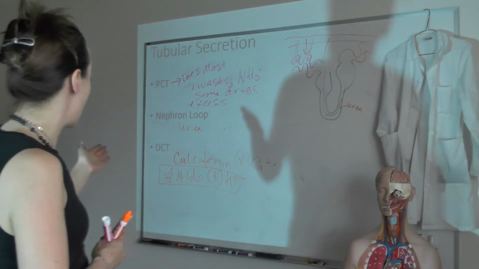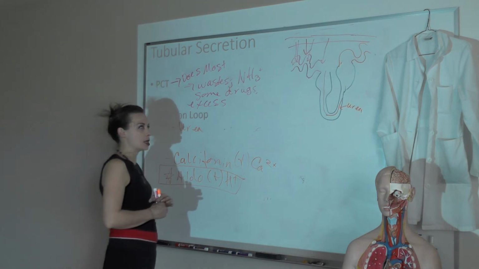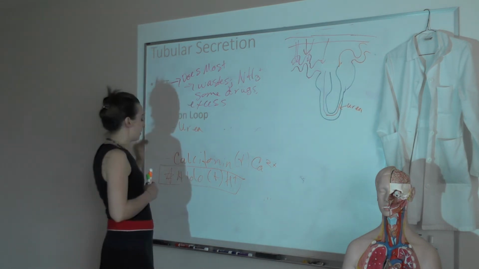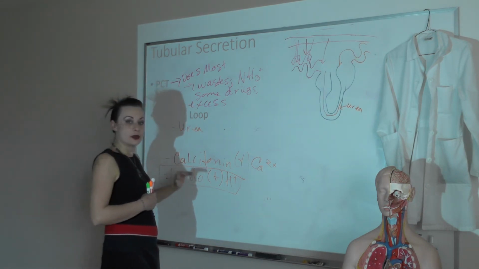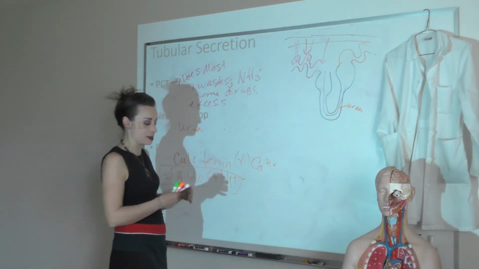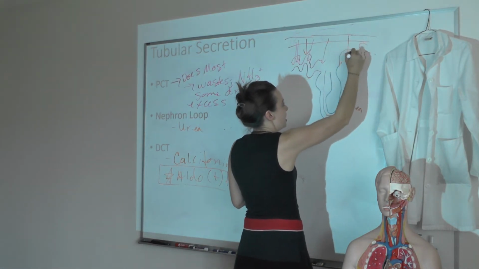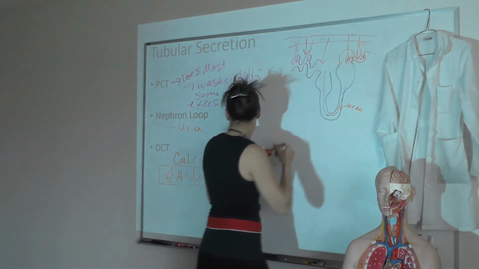So it's better to be able to secrete potassium than have high levels of potassium. And so if you're hyperkalemic, then you would secrete aldosterone so that you can stimulate potassium secretion. So then we would pull this potassium out of the blood and concentrate it in this urine.